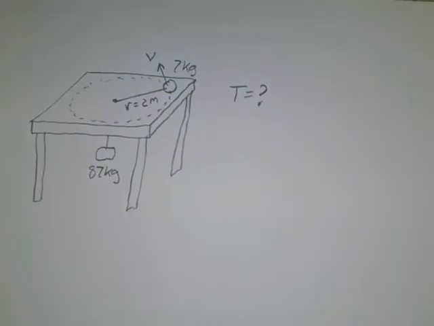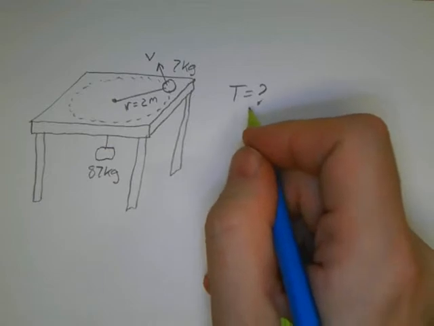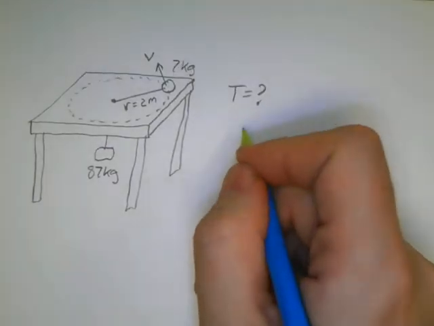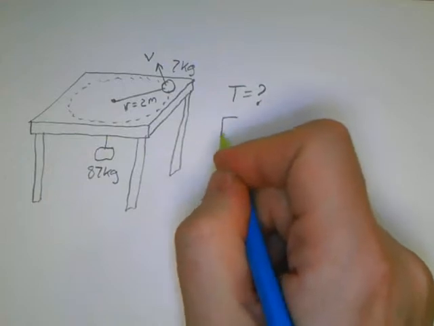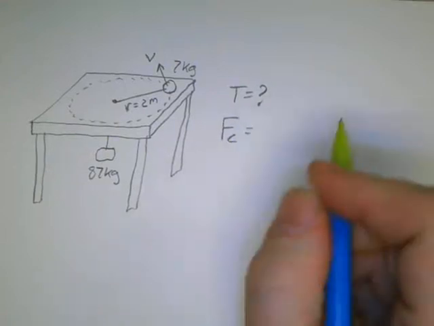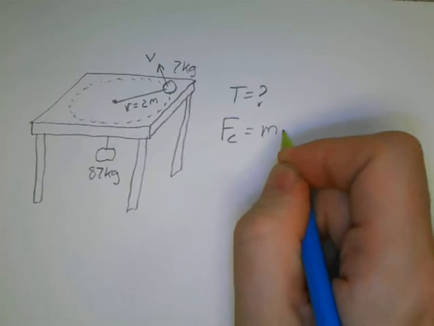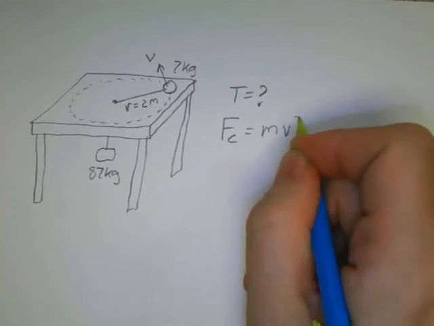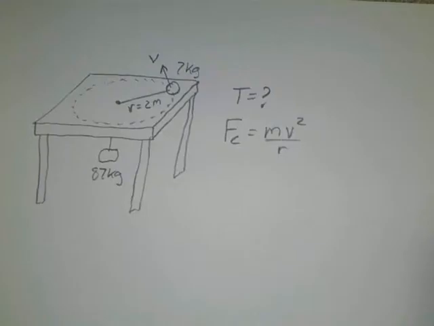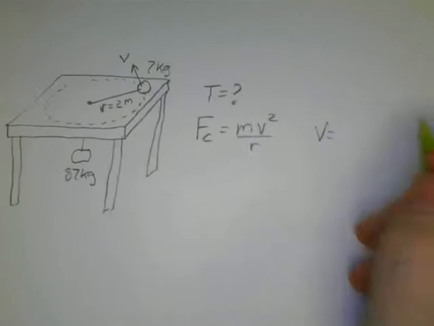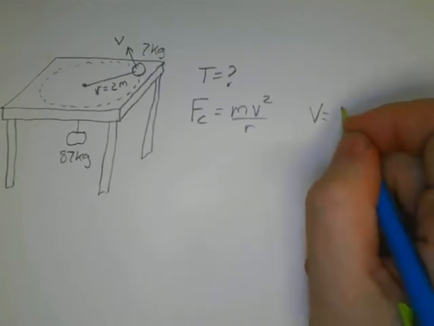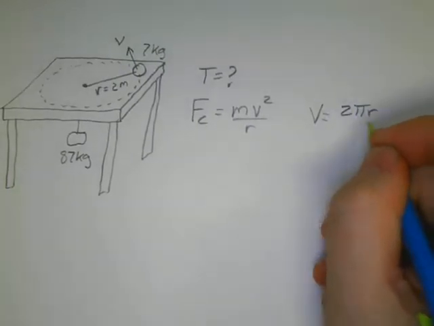Right, so we have some equations for circular motion. We have centripetal force is equal to mv squared over r, and v is equal to 2 pi r over the period.